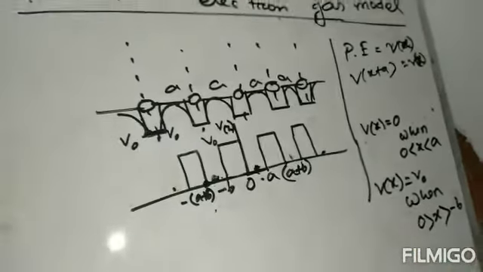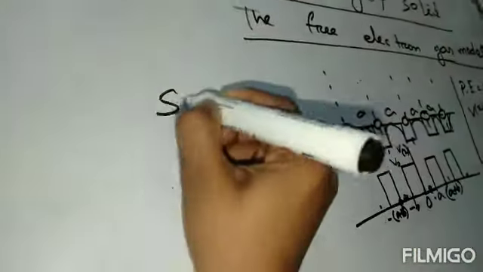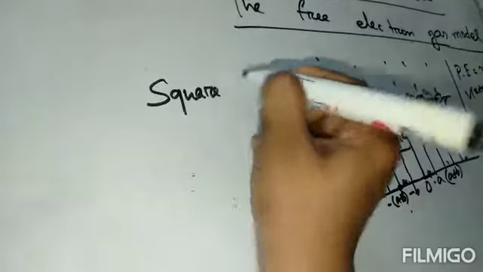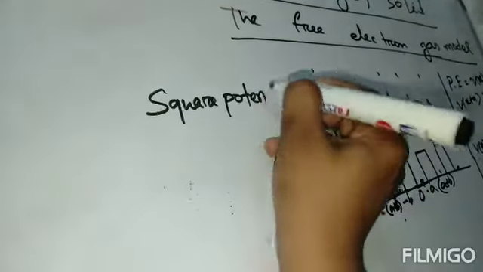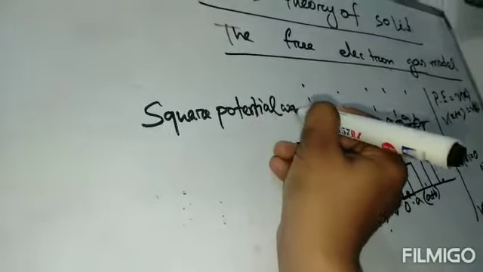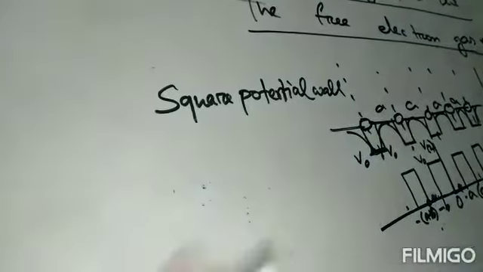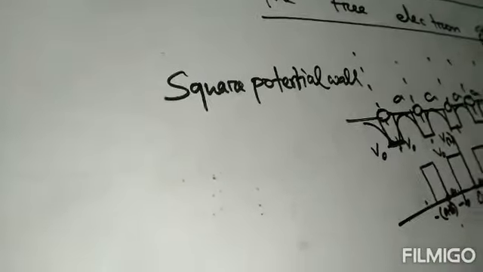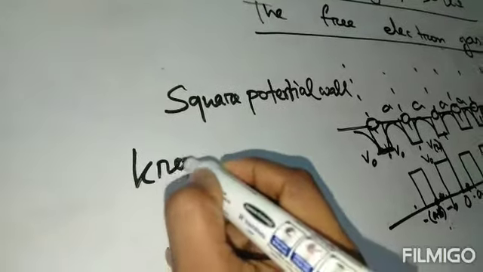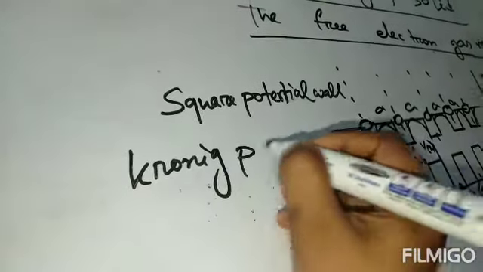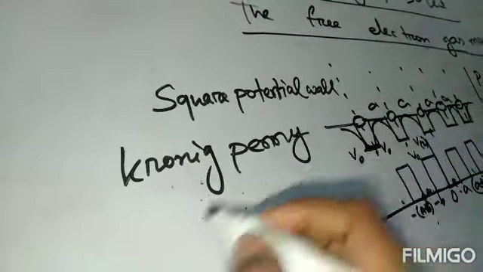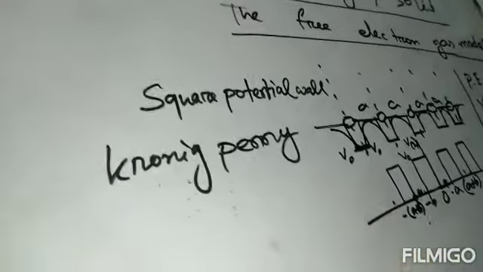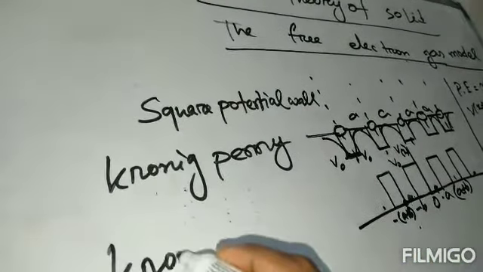This square potential was developed in the Kronig-Penney model, so this is called the Kronig-Penney model.